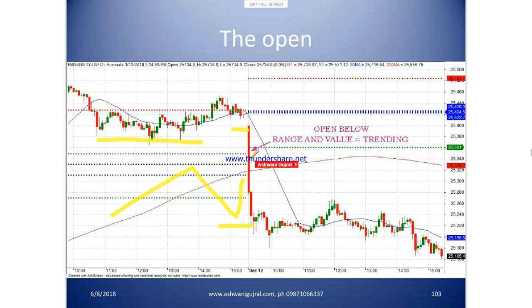So even if you got in here below S1, look at this move. This is at least 300 points on Bank Nifty. That is where big bars work, because big bars are created by initiative sellers or initiative buyers. Got it?